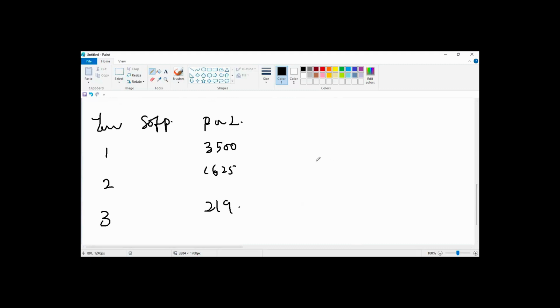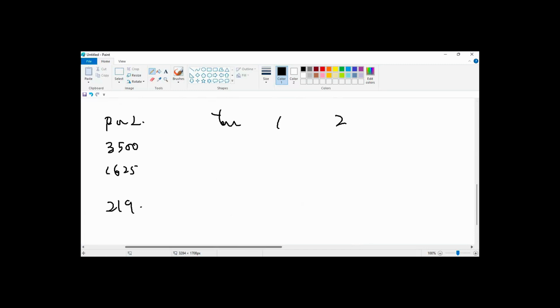Now, how do I get the one at SOFP if I'm using this approach? Very simple. Year 1, 2, 3, opening balance and closing balance.